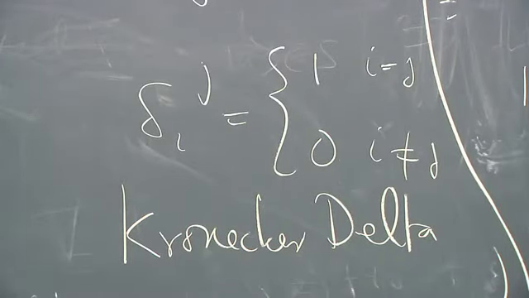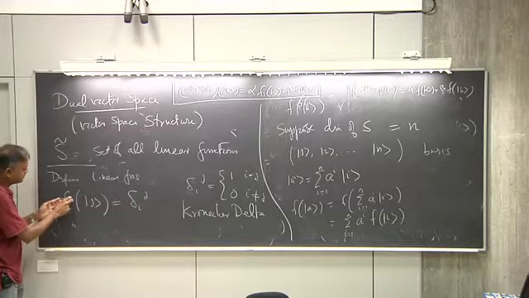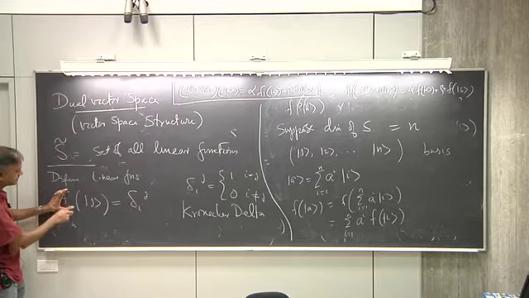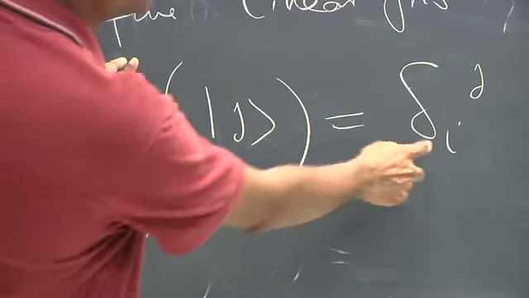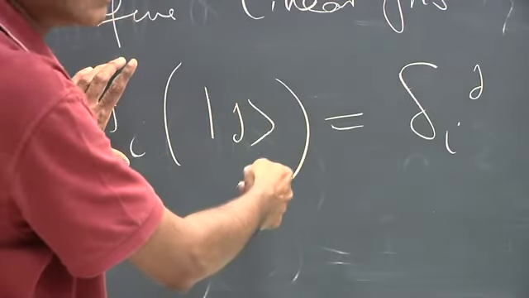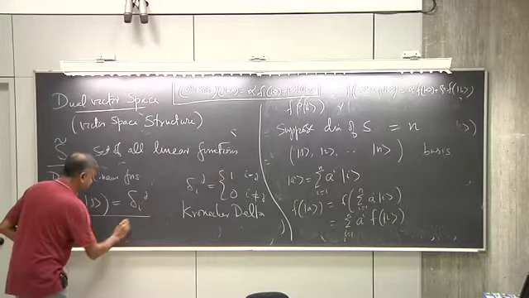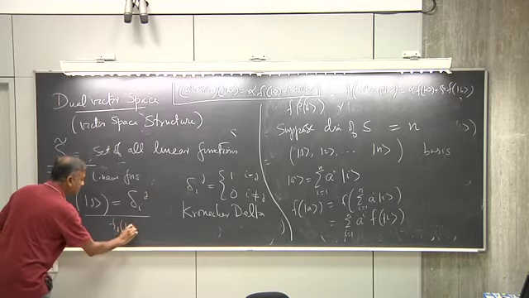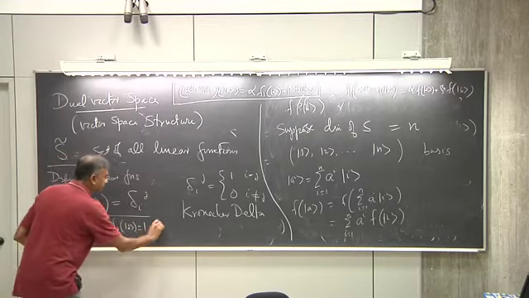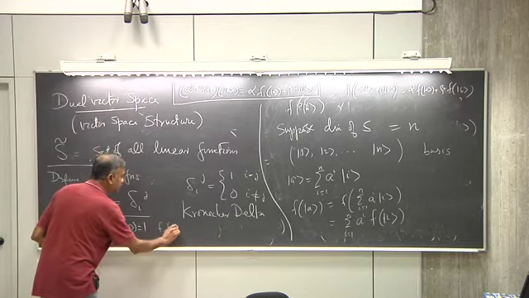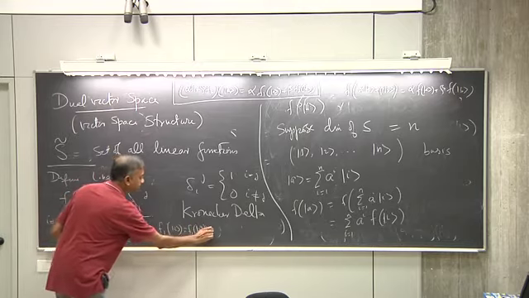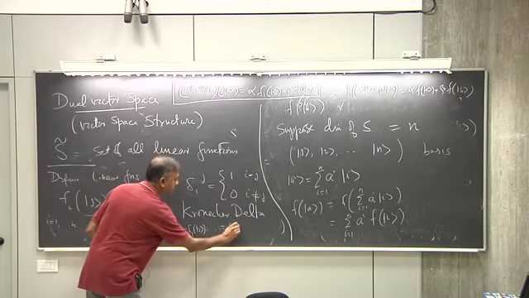So what I have done is define fi, a particular function. The index i labels this function fi. This acts on ej and gives you delta ij for all j. In particular, just to explicitly write down, f1 acting on e1, the first basis vector, is 1, but f1 acting on everything else, so e2, e3, etc., is 0.